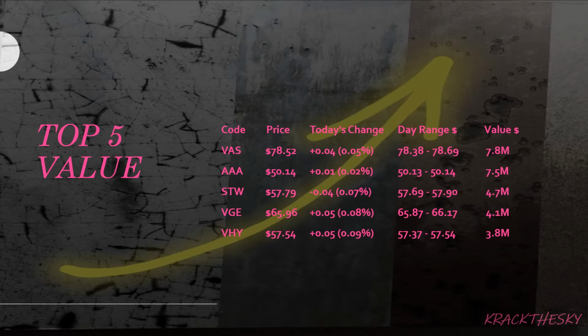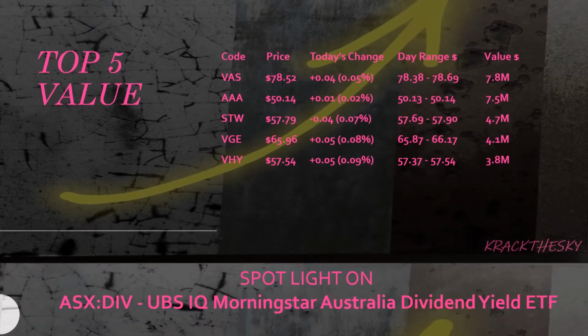STW is a State Street SPDR S&P ASX 200 fund. VGE is the Vanguard FTSE Emerging Markets ETF. VHY is the Vanguard Australian Shares High Yield ETF. So if you're looking for some dividend yield, that's a good one to have a closer look at.